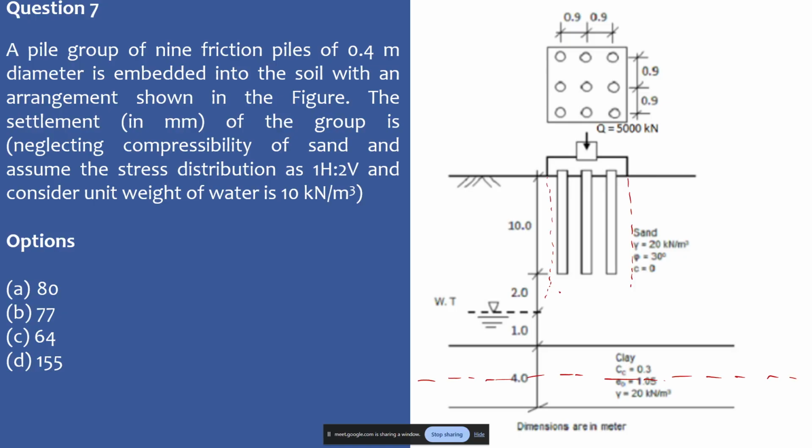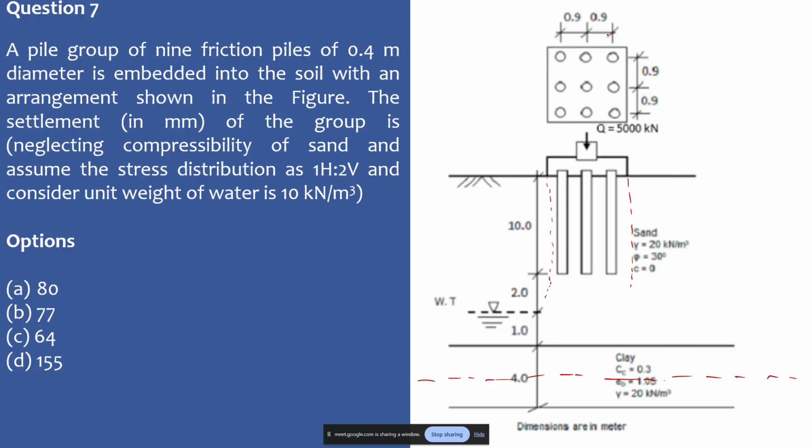In that particular case, let's say this is the base of the pile group foundation. The spacing is 0.9, and how much is this particular area?